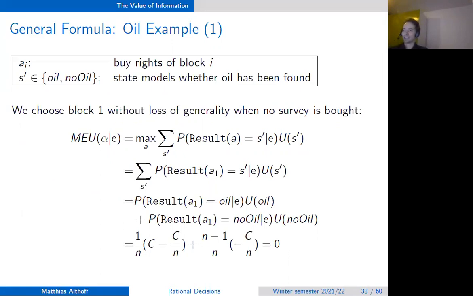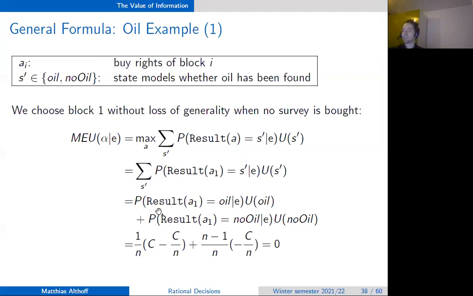So any action is as good as the other action, because we assume that the probability where oil can be found is equally distributed. So without loss of generality, we then choose to drill in region 1. So A with index I means that we buy the rights of block I. So here we choose 1. It could have been any other one. This is without loss of generality.